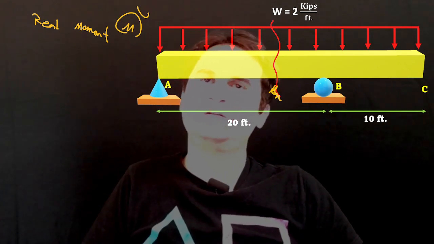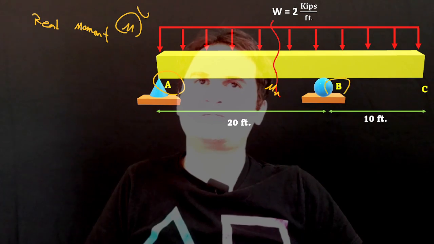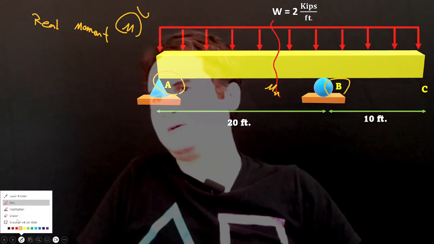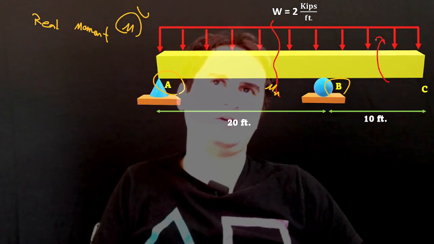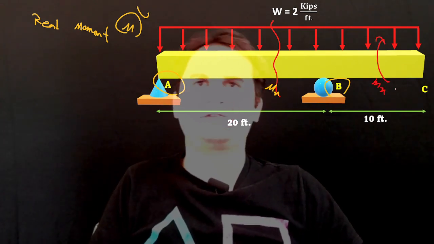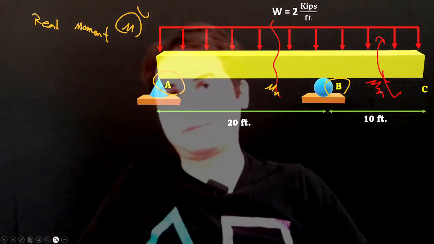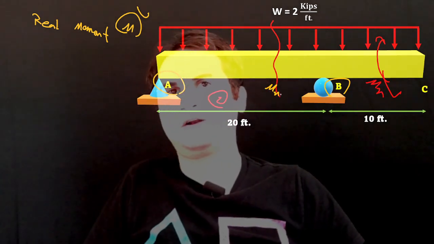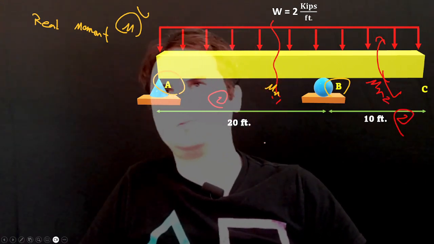Mx in part AB does not remain the same past support B. If we cut it through here, we have another Mx; you can call it part 1, Mx1, and part 2, Mx2.